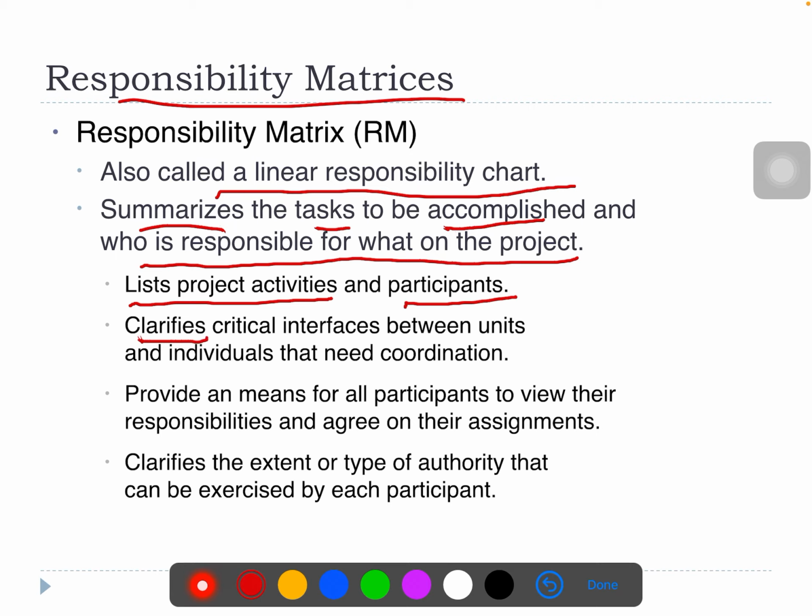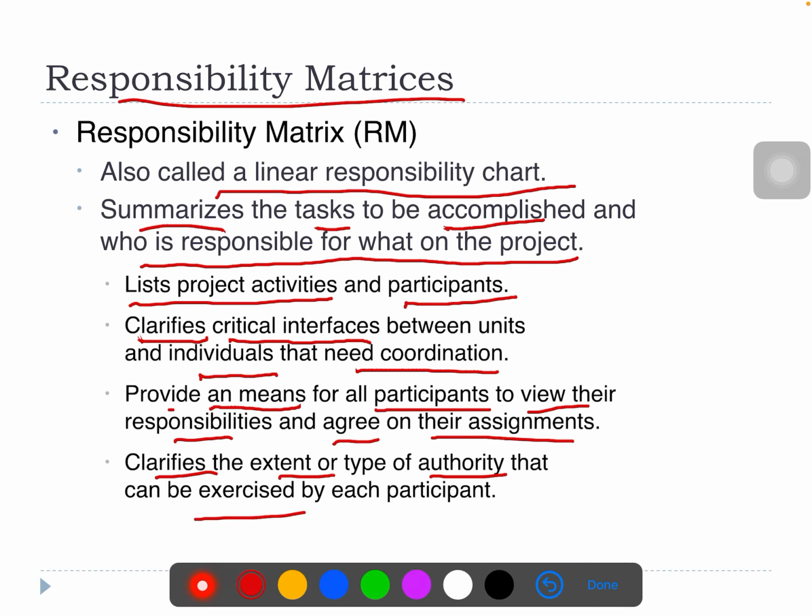It clarifies critical interfaces between units and individuals that need coordination, and provides a means for all participants to view their responsibilities and agree on their assignments. It also clarifies to extend the type of authority that can be exercised.